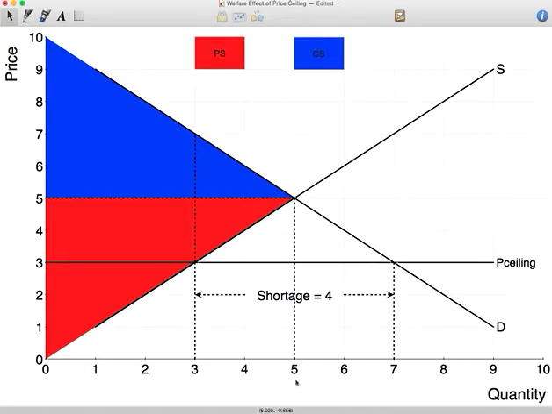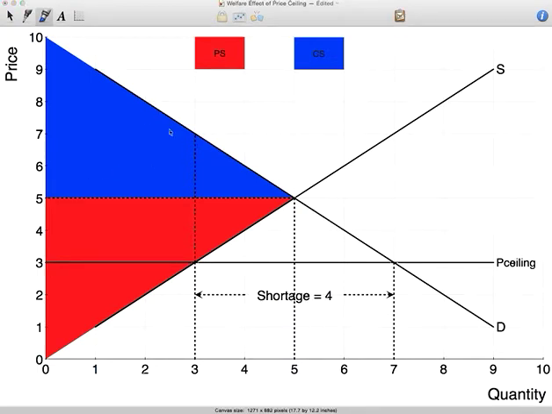The reason being is that people used to be able to buy 5 when the market was allowed to operate without intervention, and now only 3 units are being produced and consumed. Therefore, units 4 and 5 are no longer going to generate producer and consumer surplus. They are producer and consumer surplus that no longer exist. And by definition, that is the deadweight loss that we are going to see in this marketplace.